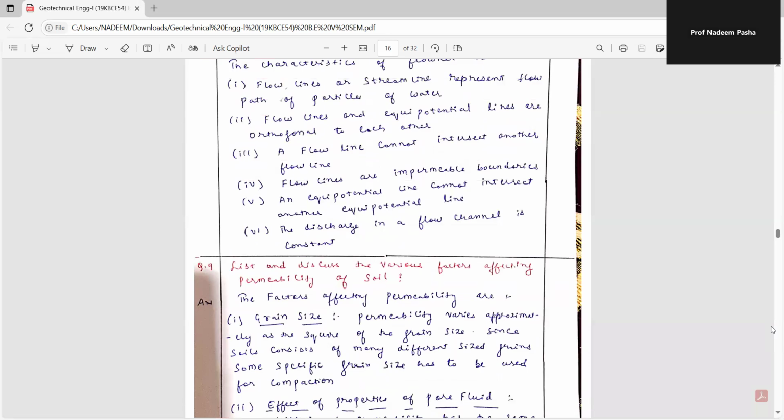The discharge in a flow channel, Q, is constant.